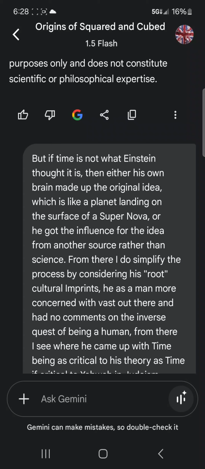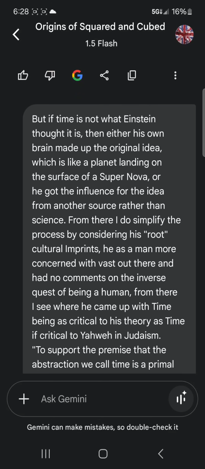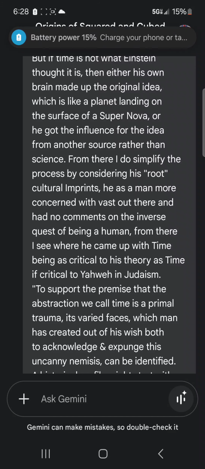But if time is not what Einstein thought it is, then either his own brain made up the original idea, which is like a planet landing on the surface of a supernova, or he got the influence for the idea from another source rather than science. From there, I do simplify the process by considering his root cultural imprints.